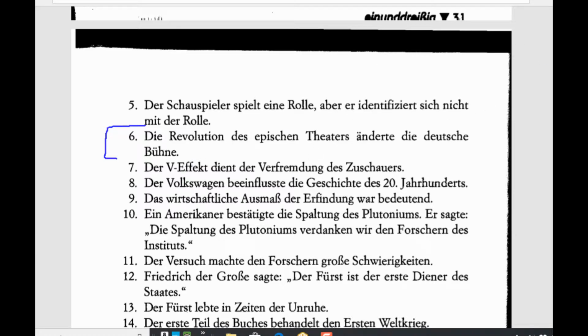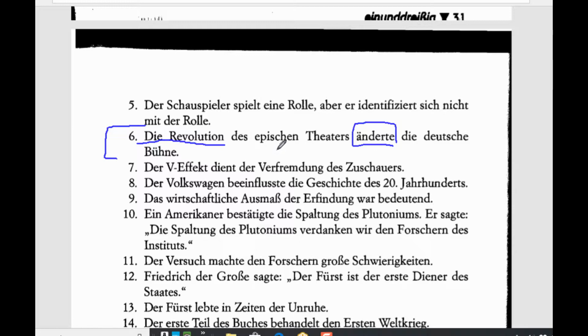Where's the verb? Änderte. So it changed, and the subject is? Die Revolution. Good. And then what case is this, des epischen Theaters? That's in the genitive. How can you tell?